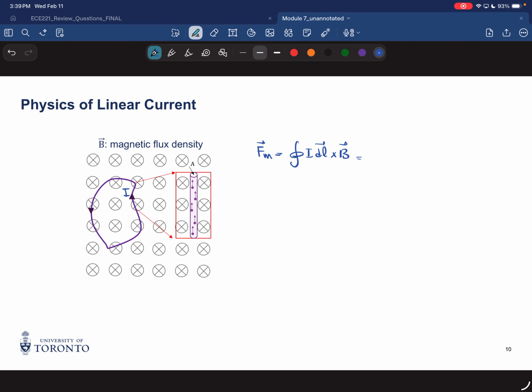Now, we also said that I is dq over dt. So we are doing dq over dt, dl cross B. So dl over dt is the vector u.